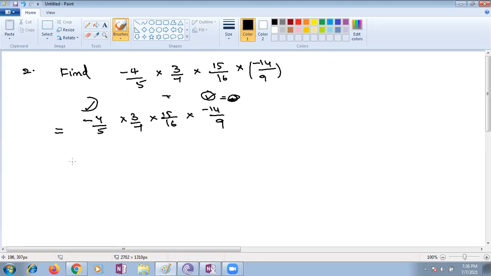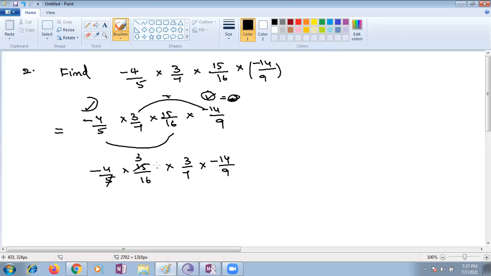Come on, children. Now which one can we make over here? I'm taking this part together and this part together. First minus 4 by 5, then 15 by 16 as the second, and in the third I'm taking 3 by 7 and minus 14 by 9, so that my calculations become simple. 5 threes are 15, and 4 fours are 16.